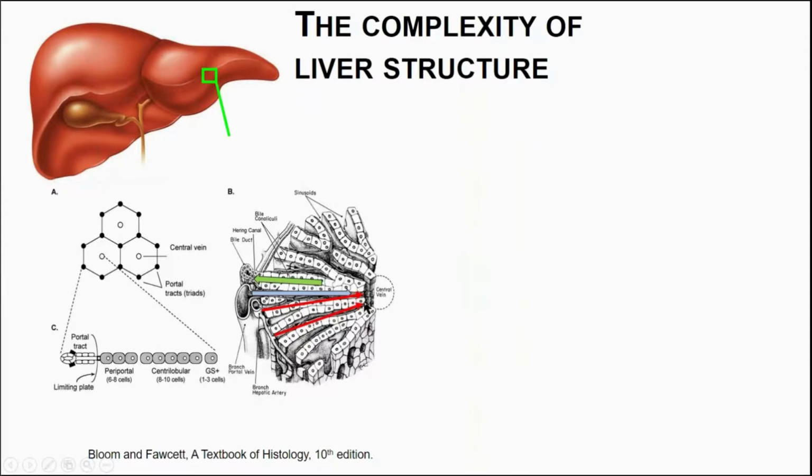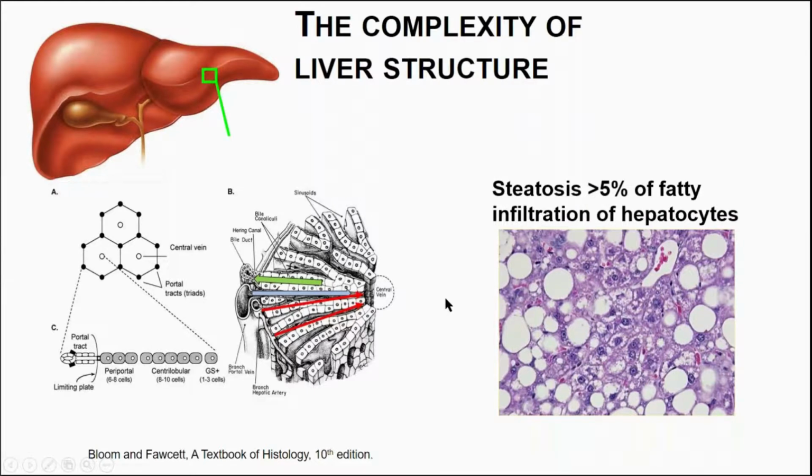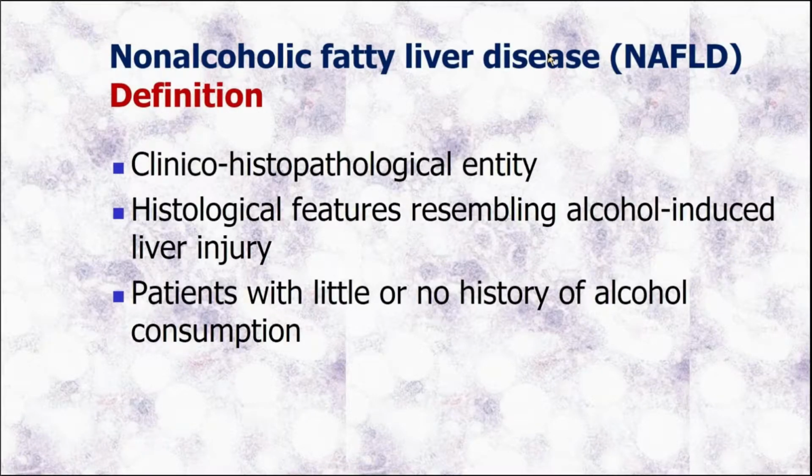If we look at the complex structure of the liver, we should first define steatosis as more than 5% of fat infiltration in hepatocytes, which you see here. And the most frequent form is non-alcoholic fatty liver disease, a clinical histopathological entity with histological features resembling alcohol-induced liver injury, but patients have little or no history at all of alcohol consumption.